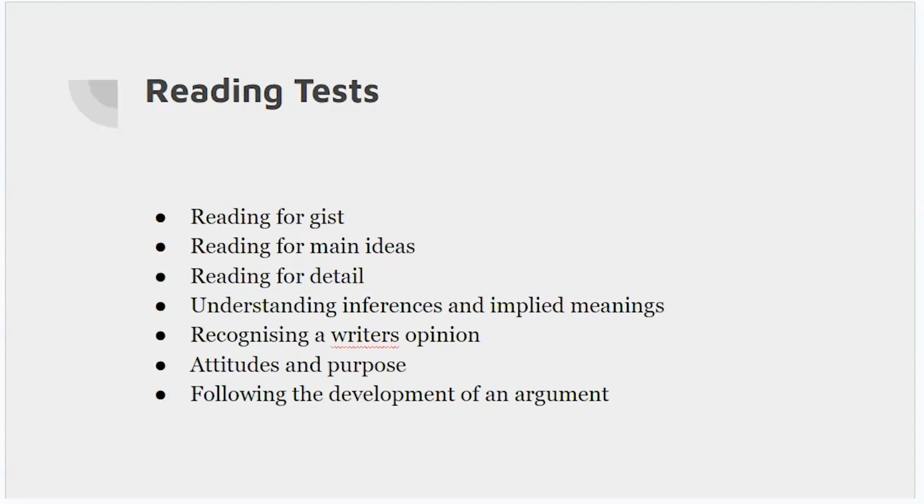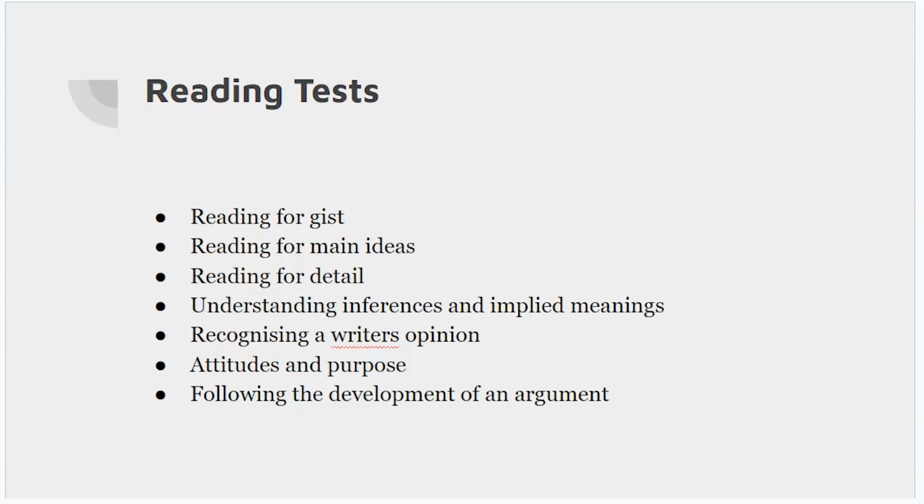Reading test. There are several types of reading. In the reading test, the first one is reading for gist. Whenever we read a paragraph, we just read it to get an idea of what the matter is or what its purpose is.